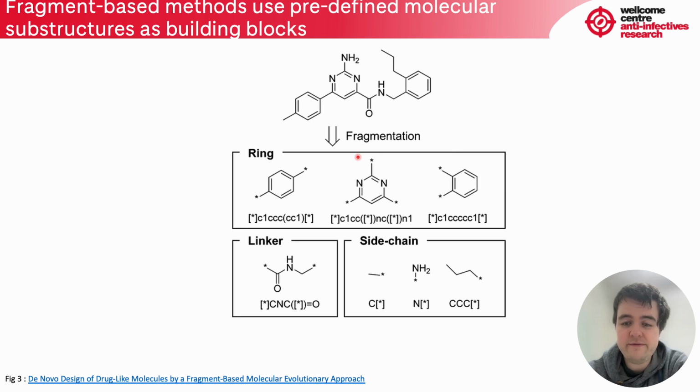For example, we can have ring classes where we're capturing all the rings that were present. We can have linkers. These are usually alkyl chains or functionalized chains which link together individual components. And then finally, we have side chains, and these are often seen as decorators. So these are where we decorate our molecule and how we achieve this.